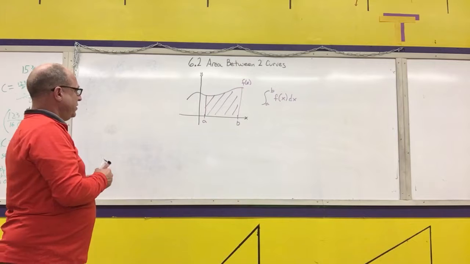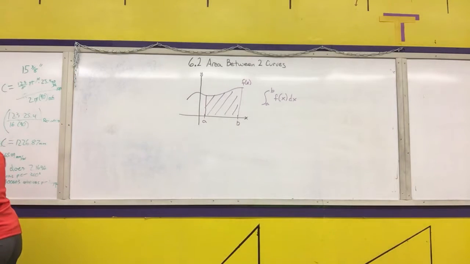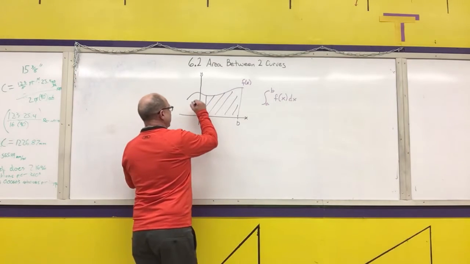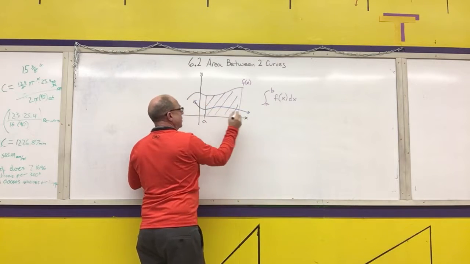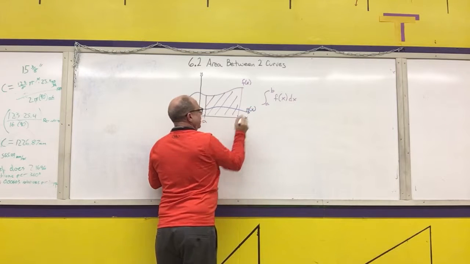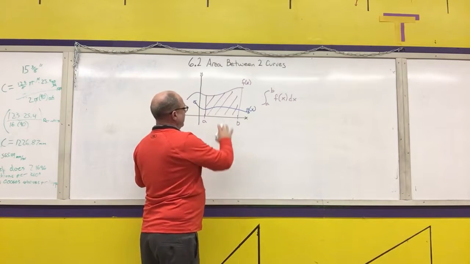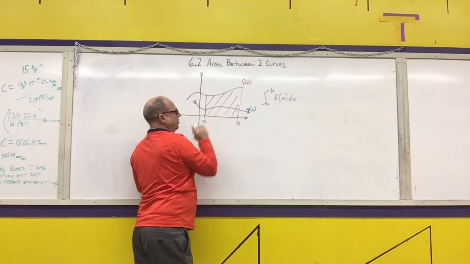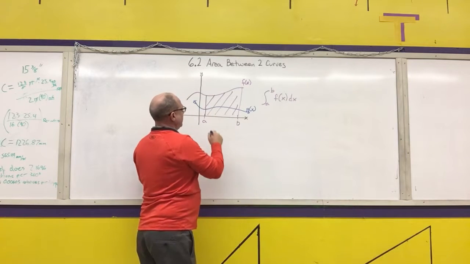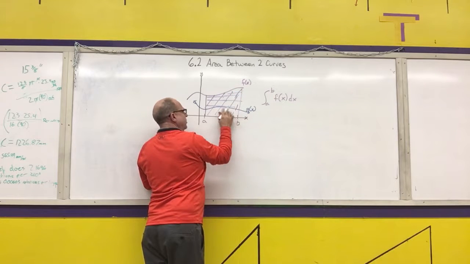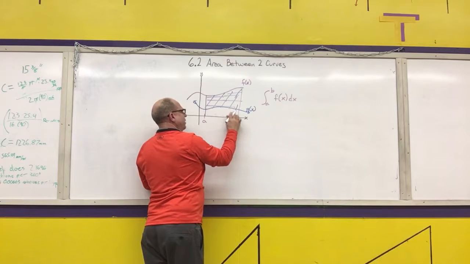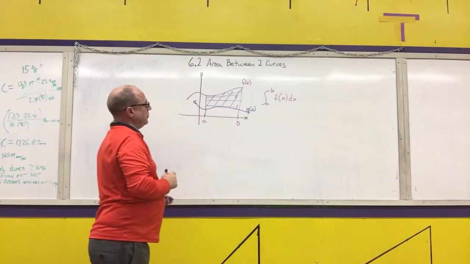Okay? What I want to do is, let's say I had f of x there, and I had a second function g of x. And instead of finding the area just underneath f of x or underneath g of x, I wanted to find the area that's in between f of x and g of x, and not the area underneath g of x.